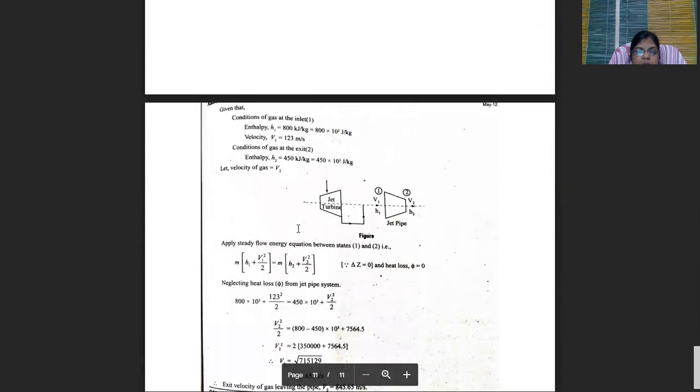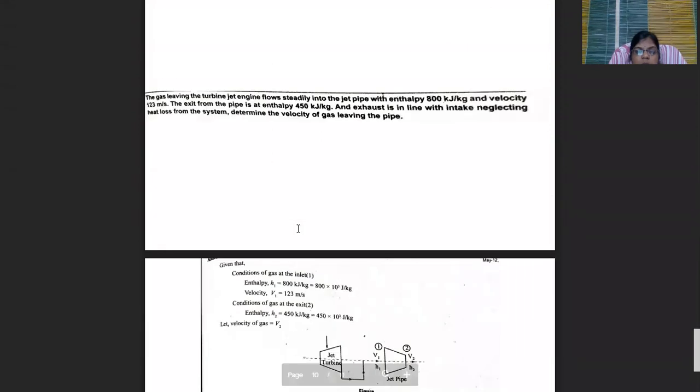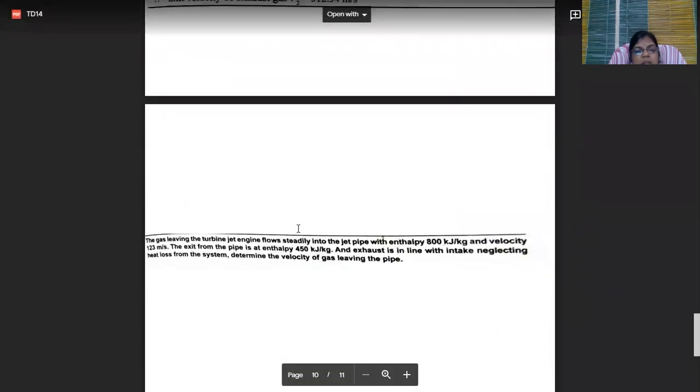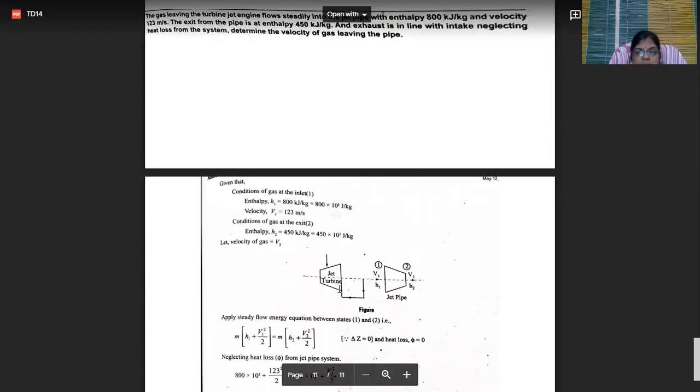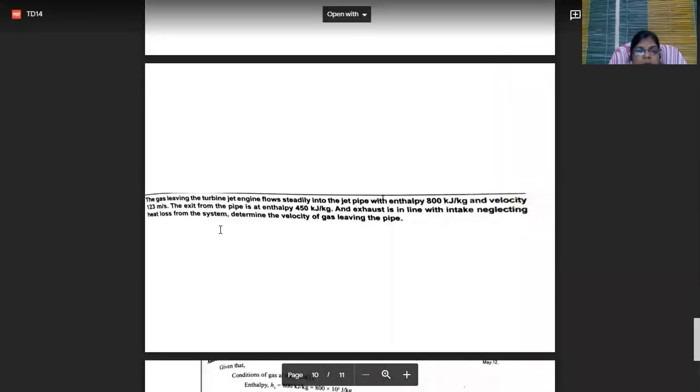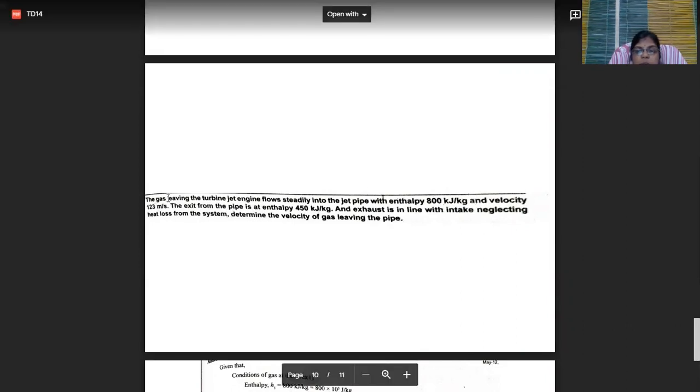And next problem. Here it is also the same problem. Next, the gas leaving the turbine of a jet engine flows steadily into the jet pipe. So this is the jet turbine and this gas flows into the jet pipe, with enthalpy 8000 kilojoule per kg and velocity, that is v1, 123 meter per second.